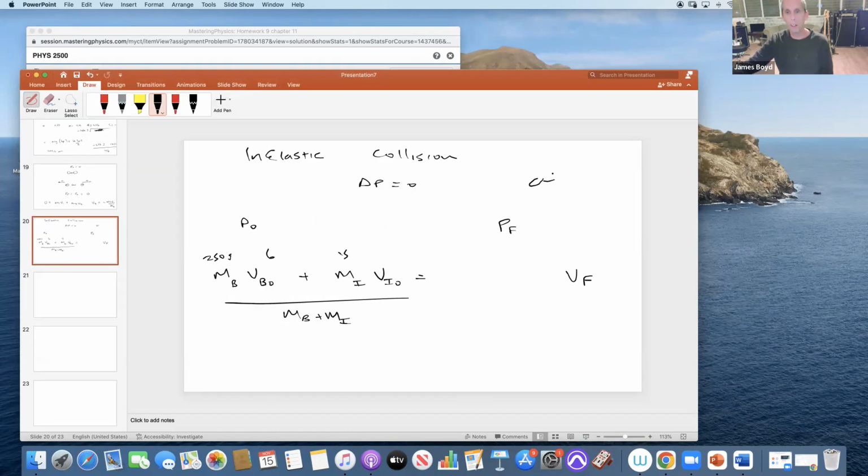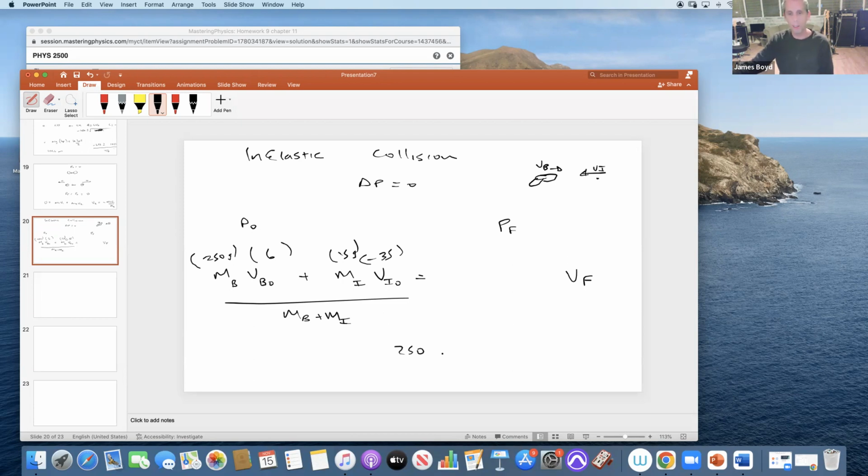So the bird was going this way, and the insect was going this way. Okay, I'm going to choose this to be negative. So I'm going to choose that the bird is 250 grams and 6 meters per second, 15 grams and negative 35. I'm going to assume that the bird was positive and the insect was negative.